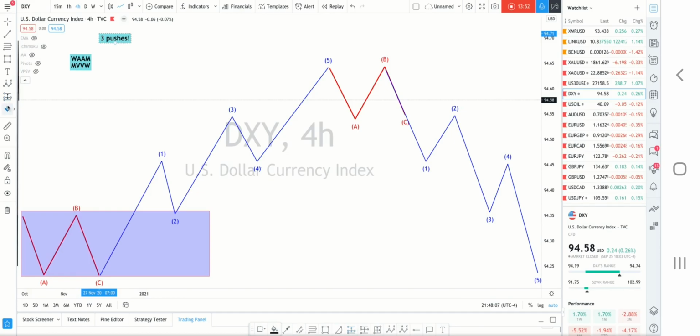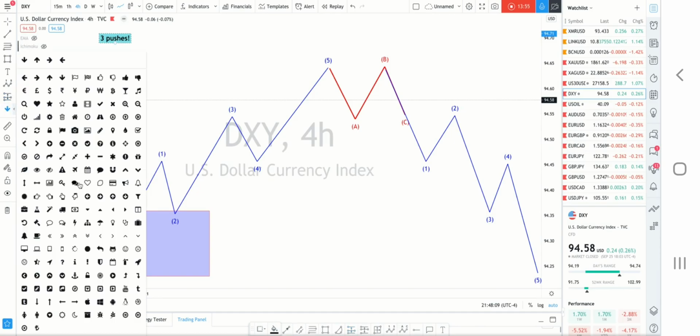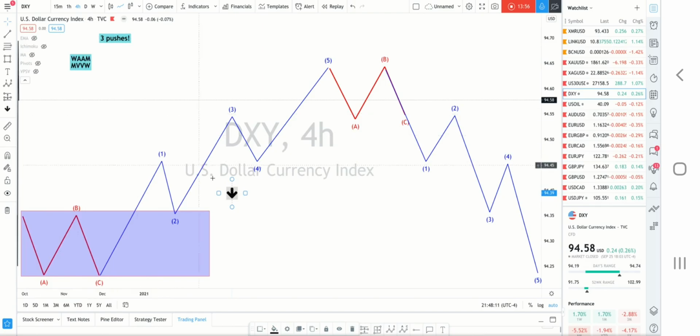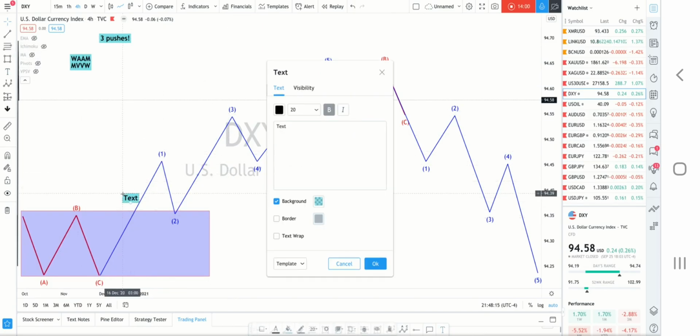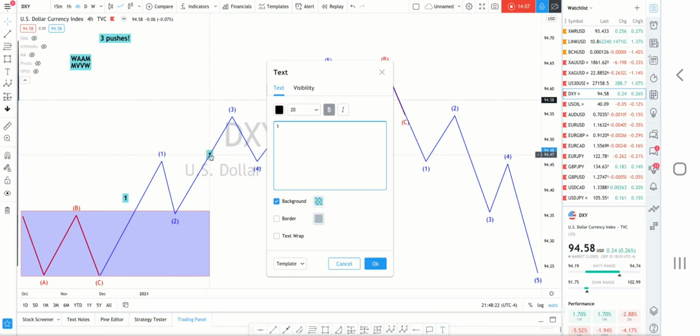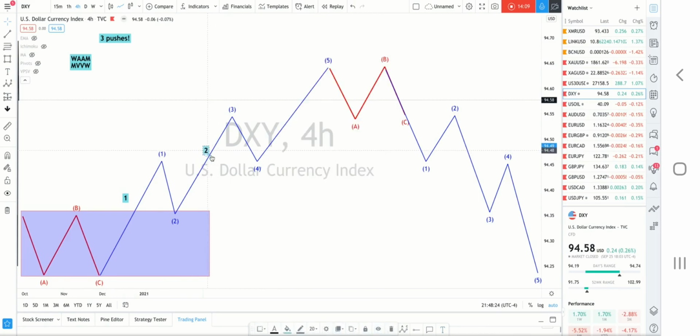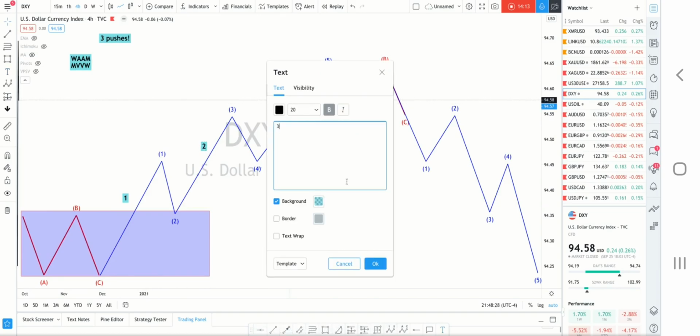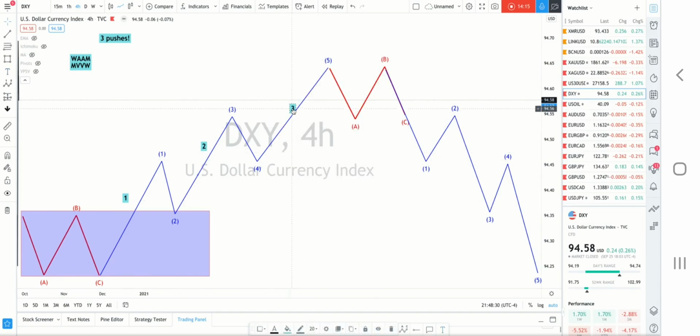All right, it loves to give you the three pushes, and you can see push number one right here. Move number two is right here, which is going to be a second push. And then push number three is going to be right here. When the market gives you those three pushes, it will most likely become exhausted, try to do a double top, right?